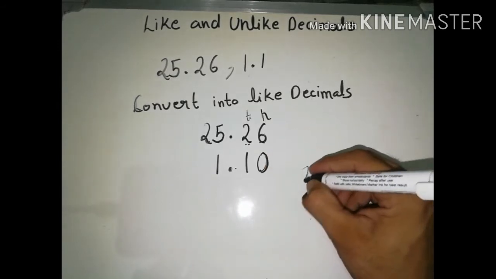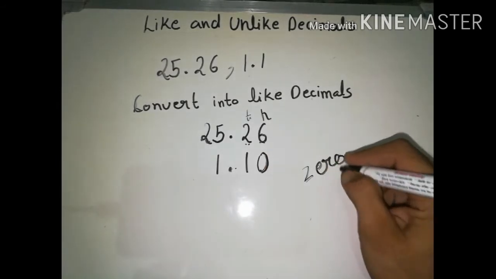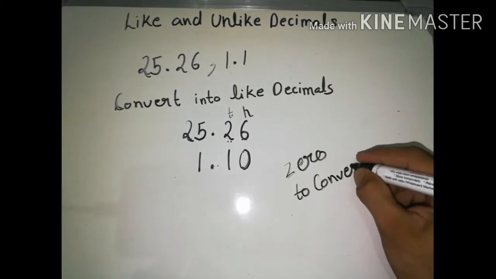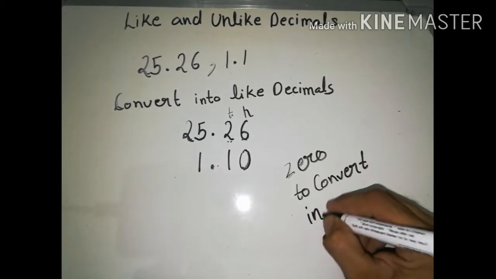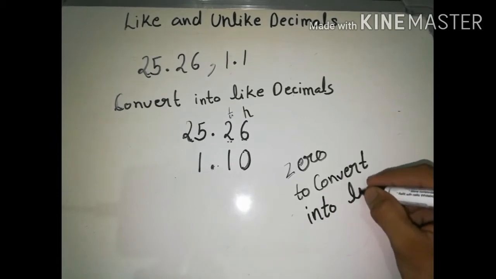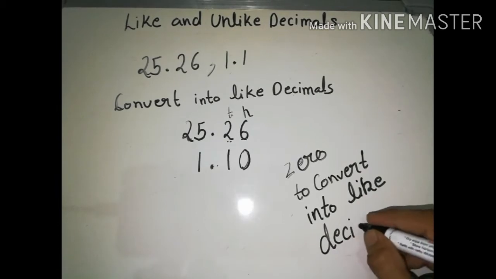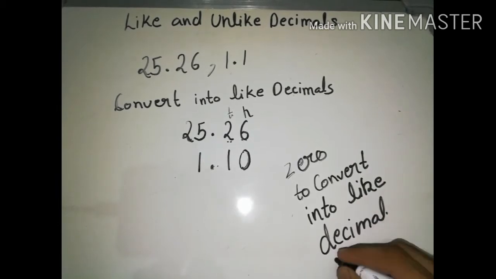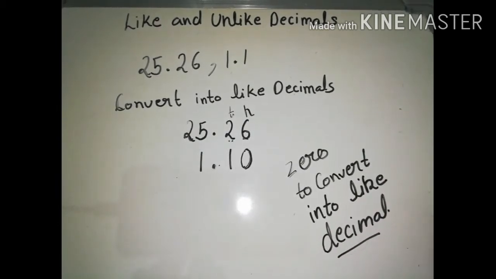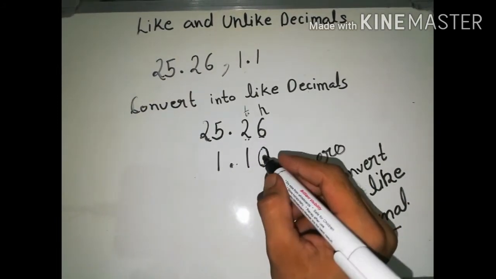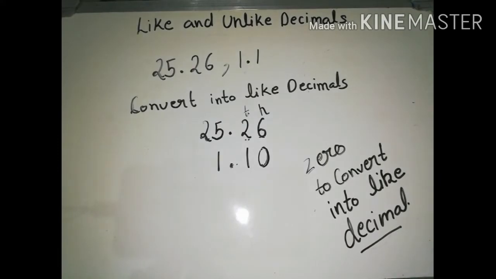We always use 0 to convert into like decimals. ये आपने ध्यान रखना है. This is a very important point. So यहाँ हमने क्या यूज़ किया? हमने 0 यूज़ की.